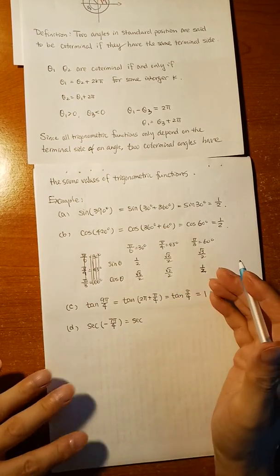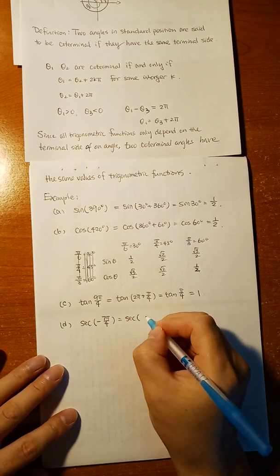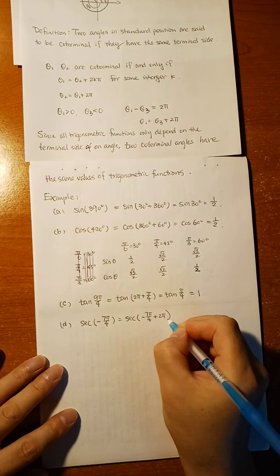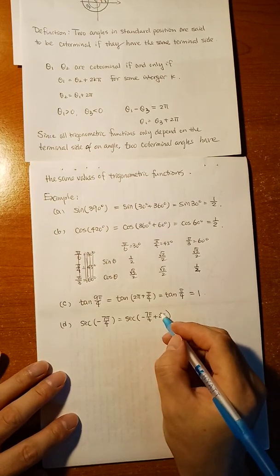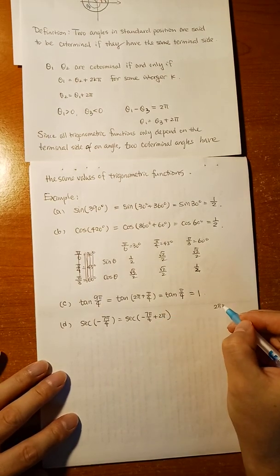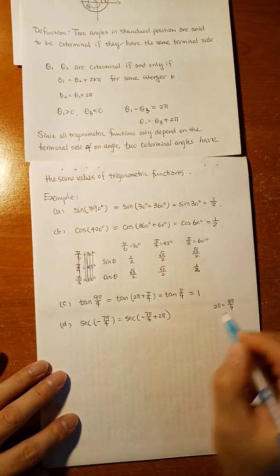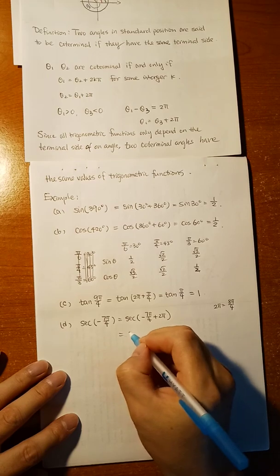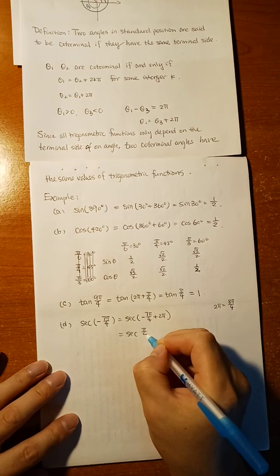Add 2 pi, you do not change the terminal side. 2 pi is equal to 8 pi over 4. Negative 7 pi over 4 plus 8 pi over 4 is secant pi over 4.